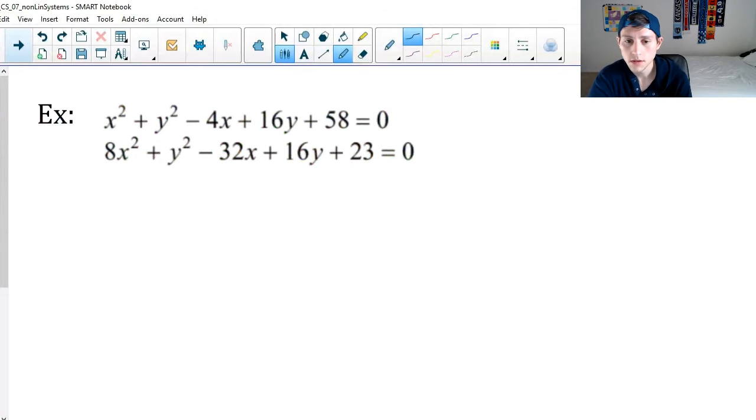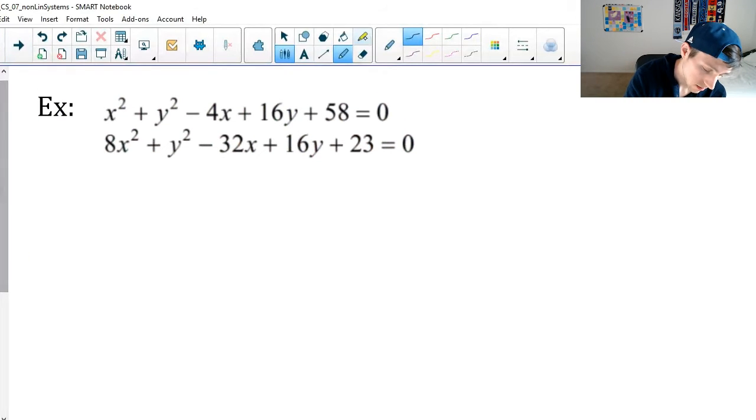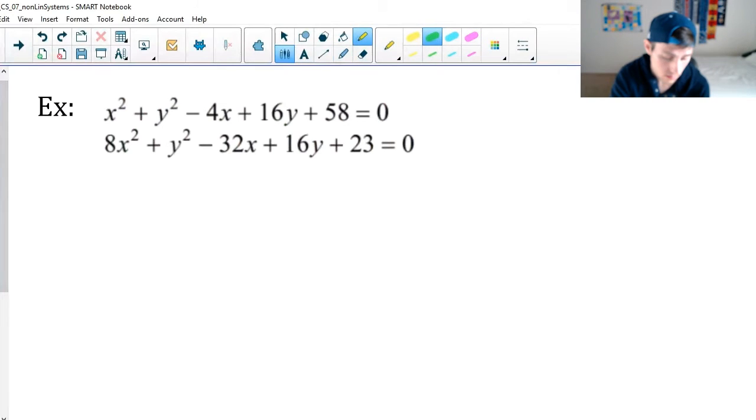So let's go to our last option. So I have this system. And again, as I look at these and I try to decide what variable I should eliminate, should I eliminate the x's, should I eliminate the y's?